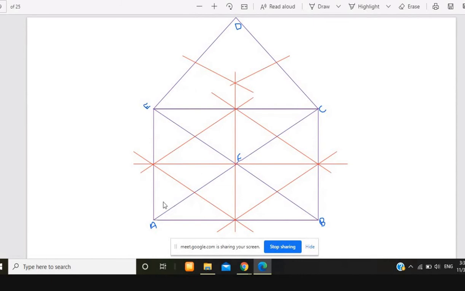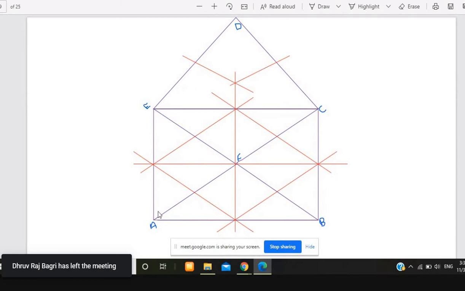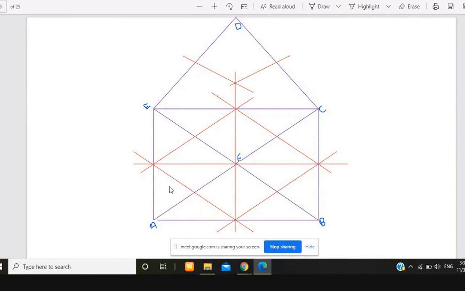So now we have to find out the areas corresponding to each station. For the station A, the area considered is this section. For B, it will be this one. For D, it will be this one. But for E, the areas in the square section as well as in the equilateral section will come together.